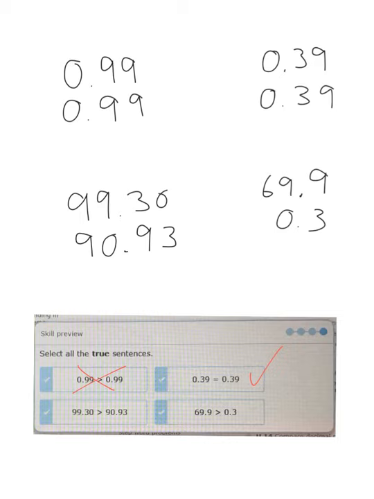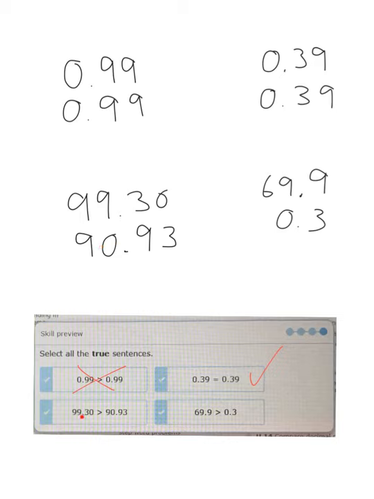Down here, is 99 and 30 hundredths bigger than 90 and 93 hundredths? When we're comparing numbers, you always want to start on the left and say, okay, in the tens column, they're both 9s, yeah, they're equal there. Then in the ones, 99 is obviously bigger than 90.